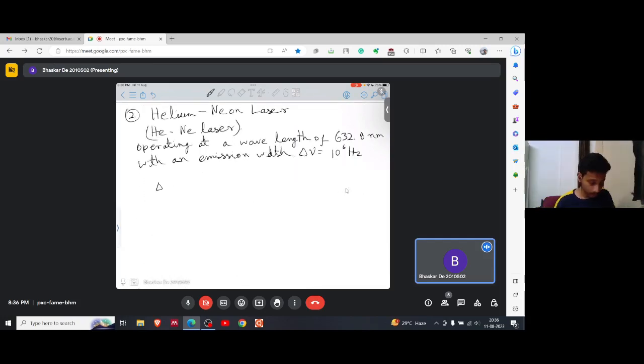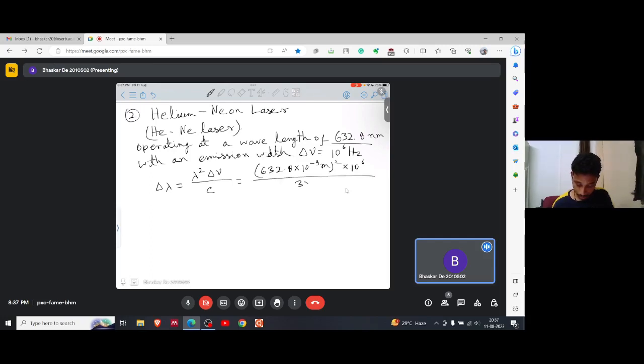So delta lambda equal to lambda square delta nu by c. Lambda equal to 632.8 nanometer, so this will be 632.8 into 10 to the minus 9 meter whole square. Then delta nu is 10 to the 6 hertz.